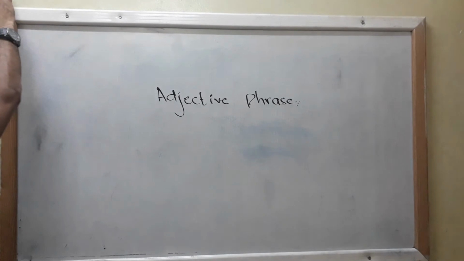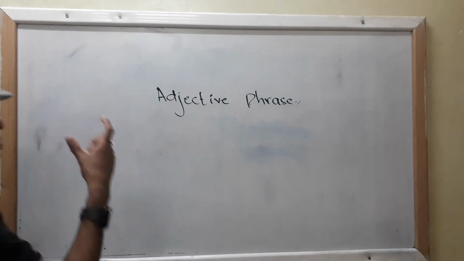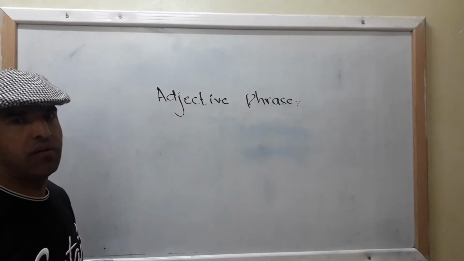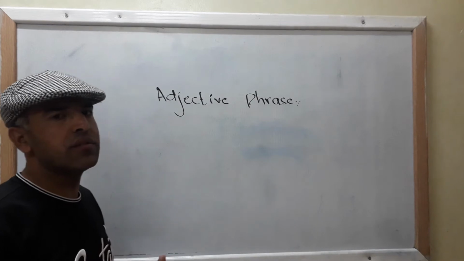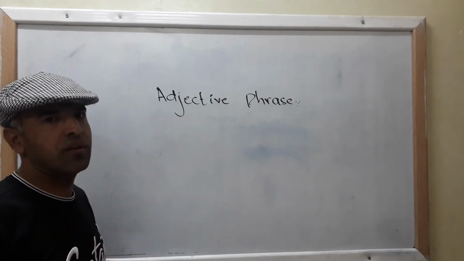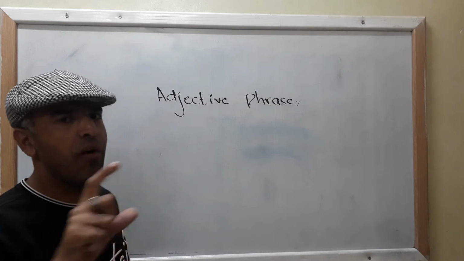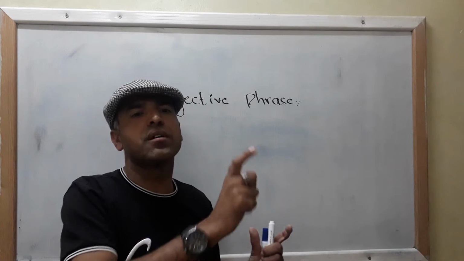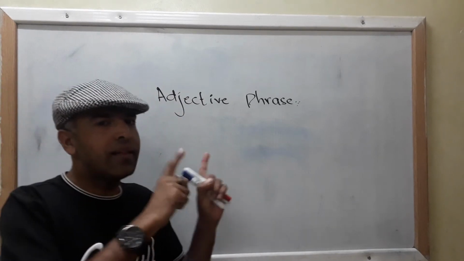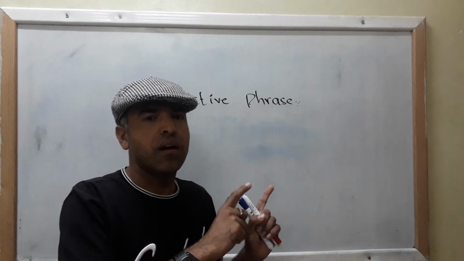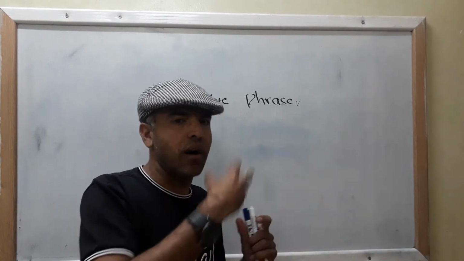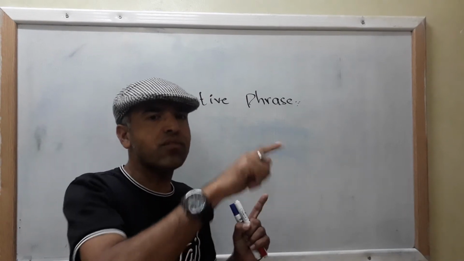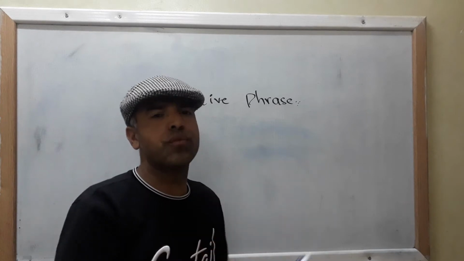A phrase is, as I told you earlier, a group of related words, and it functions as a part of speech in a sentence. The head word in that phrase signifies its type. If a noun is the head word, or the central word of that phrase, it would be a noun phrase.